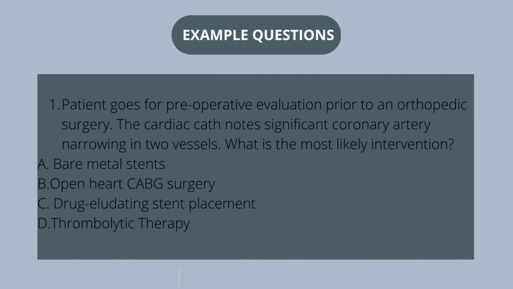Thrombolytic therapy is used only in severe situations and in an acute incident. Since the patient isn't having acute chest pain, I would say thrombolytic therapy wouldn't be appropriate. So for you guys out there, I would say A or C would be the better option.